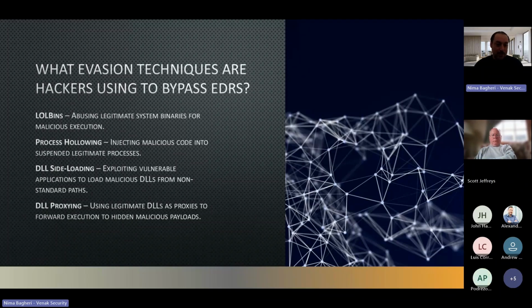Another one is DLL side loading, basically exploiting a vulnerable application to load malicious DLLs from a non-standard path. And the last one is DLL proxying, using a legitimate DLL as a proxy to forward execution to hidden malicious payloads.